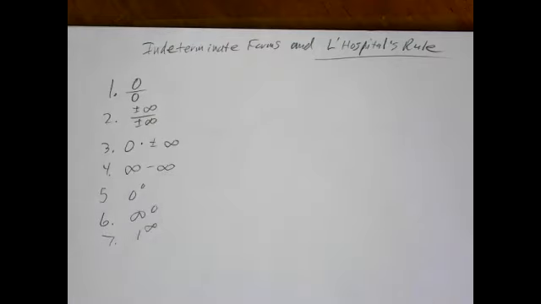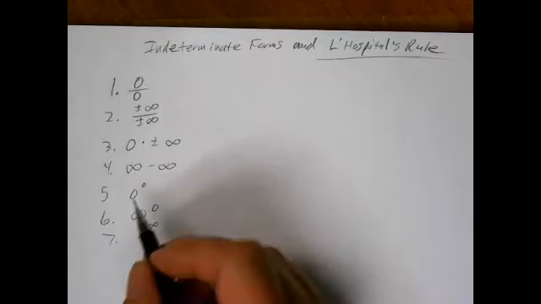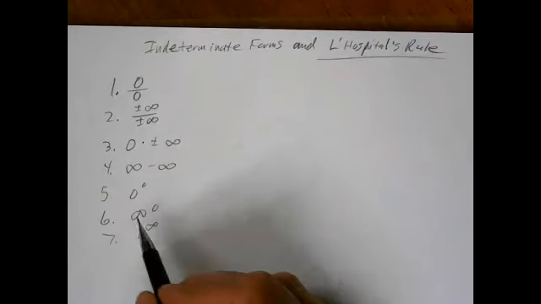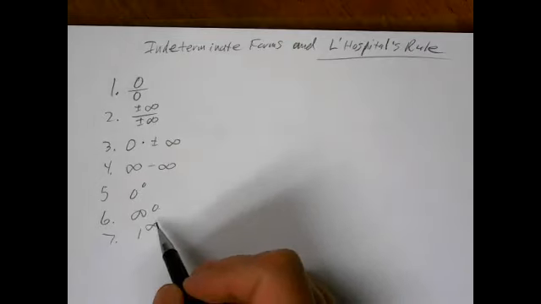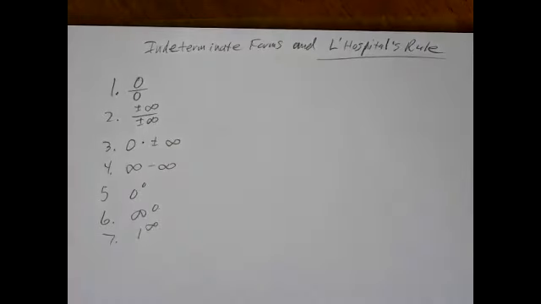Infinity minus an infinity is indeterminate. 0 to the 0 is indeterminate. Infinity to the 0 is indeterminate. And 1 to the infinity is indeterminate. Okay, those are indeterminates. And again, if it's not on this list, it's not one of your indeterminates.